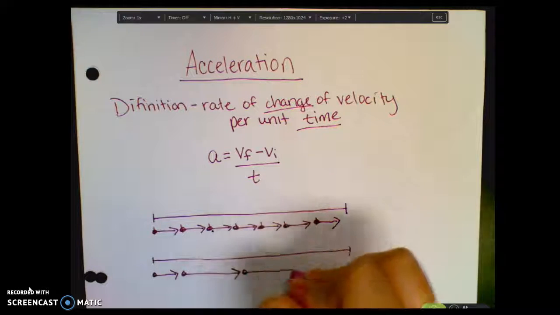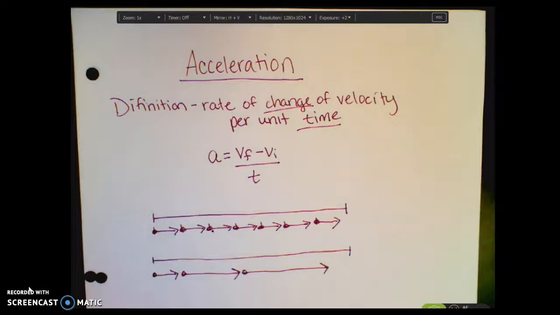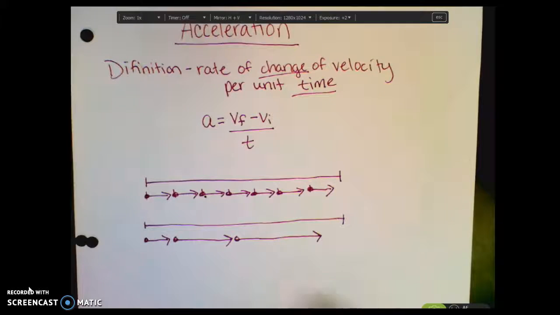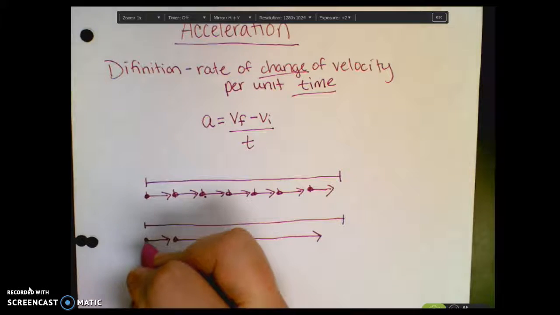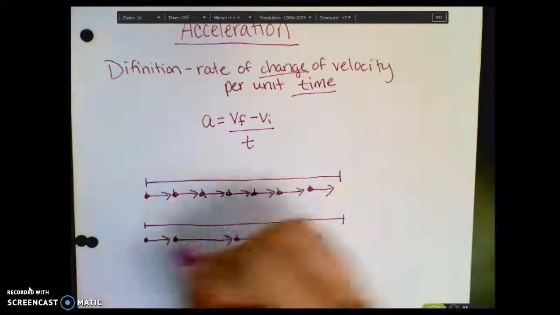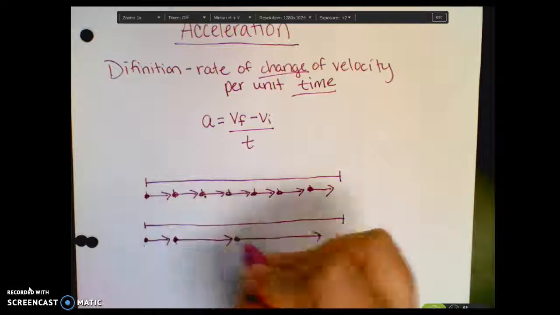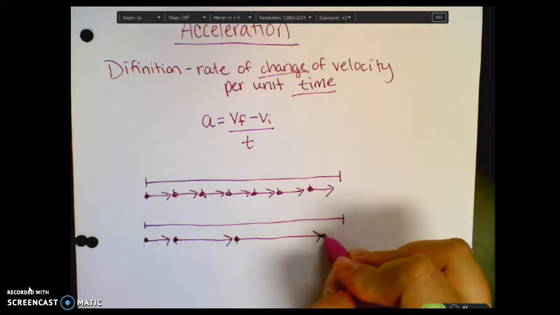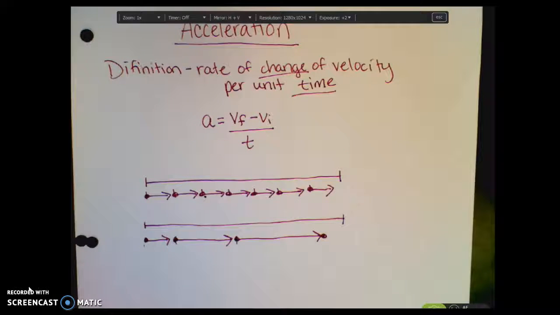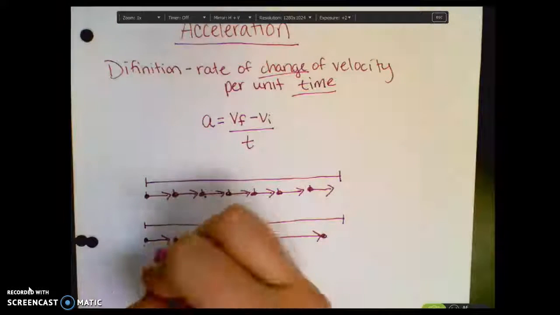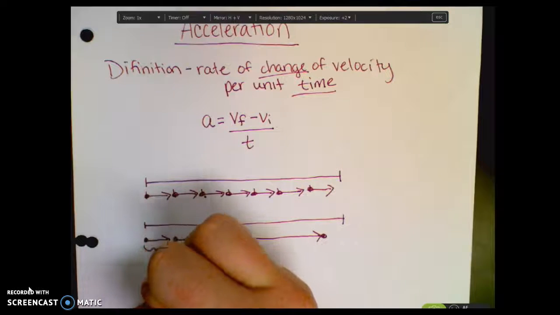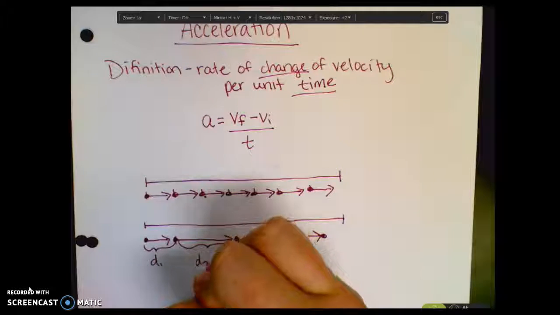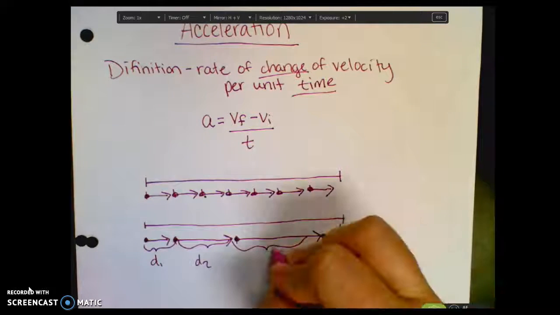Notice my arrows are getting longer. This would be an object undergoing constant acceleration. We know it's accelerating now because in the same unit of time we covered greater distances. So this is where the object would end up after 3 seconds. Okay, notice each distance. Let's call this one D1, this one D2, this one D3.